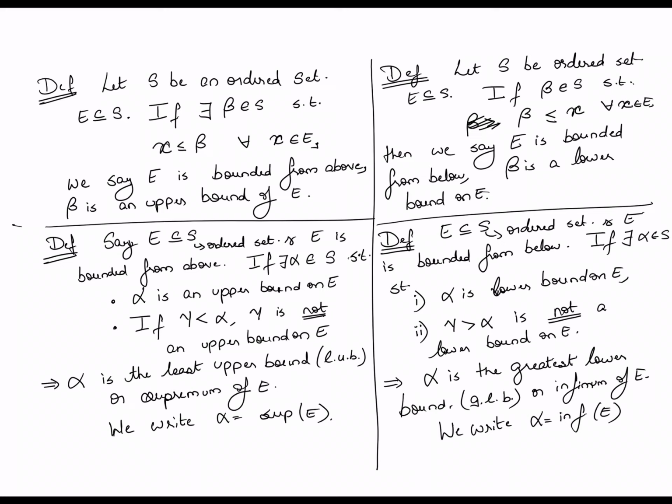So if you have an ordered set, the moral of this slide, if you will, is that for any subset of the ordered set, it is meaningful to ask whether the subset is bounded from above or bounded from below. Similarly, it is meaningful to say that this element is an upper bound on this subset E, and similarly this element is a lower bound of this subset E.